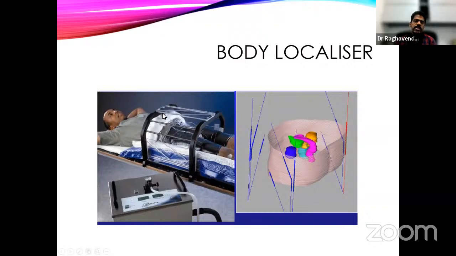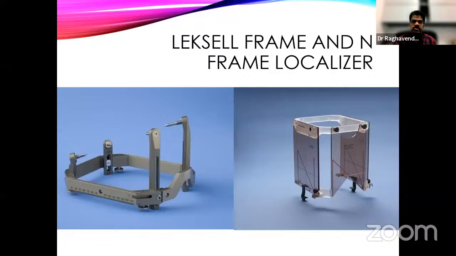In the extracranial case, there is no connection between the frame or localizer and the patient's body. The patient is lying on the vacuum lock and you are keeping a frame outside the vacuum lock. What if the patient position in the vacuum lock shifts in or out? The stereo coordinate cannot understand that, and it gives a rigid coordinate, but the patient position is not represented properly. That's the reason people stopped using it for extracranial.